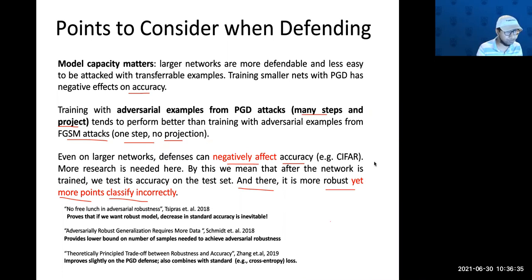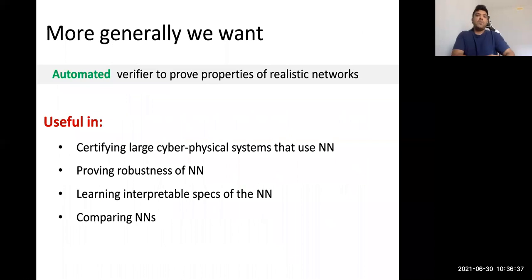Okay, so more generally, what we really want is an automated system that can prove the properties of our realistic networks. So it can certify large cyber-physical systems that use neural networks, proving robustness of neural networks.